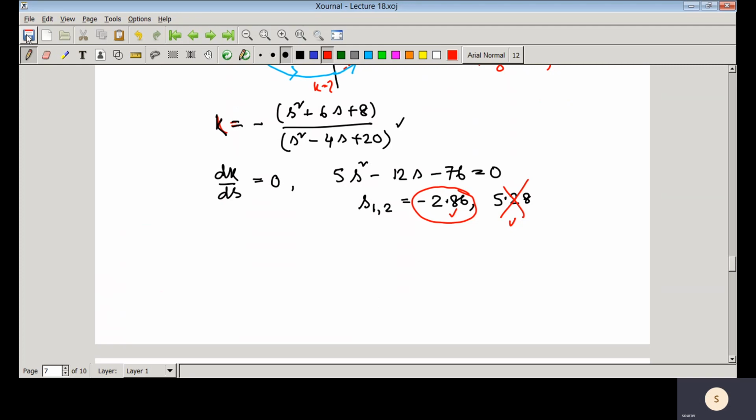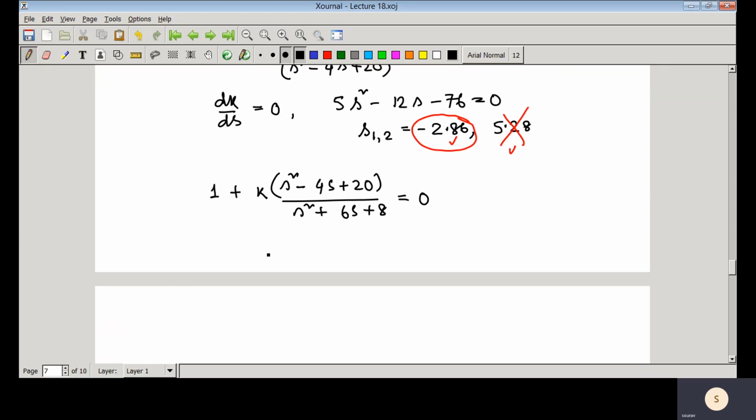So let us see. Your characteristic equation is 1 plus k times (s square minus 4s plus 20) over (s square plus 6s plus 8) equal to 0.